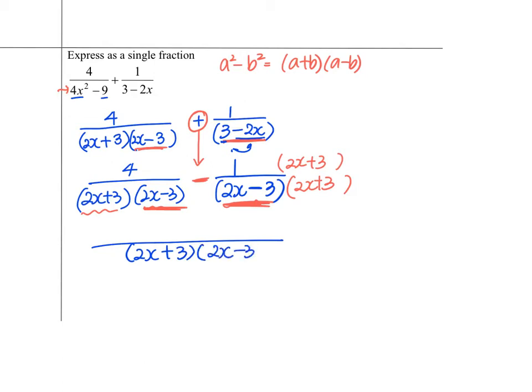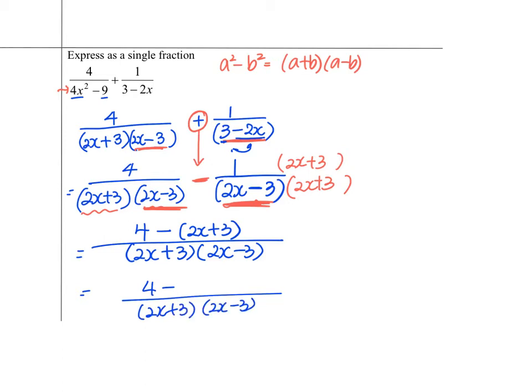So this is the denominator. Nothing to do with the 4, so keep it. Now this is minus bracket 2x plus 3. Please put a pair of brackets. Then now we have 4 minus 2x, and minus times positive will be minus 3.